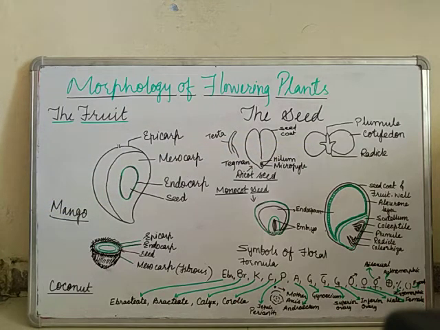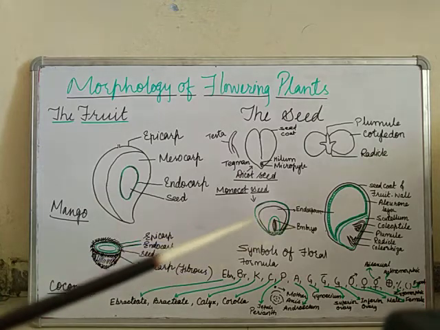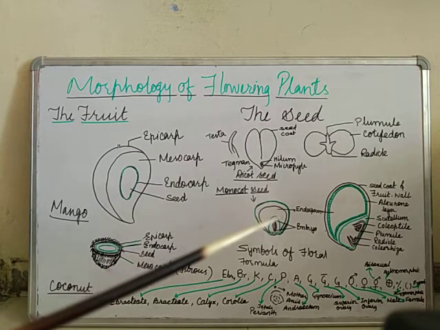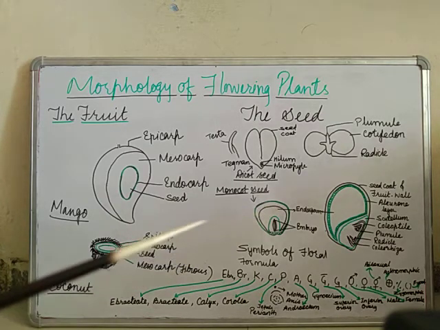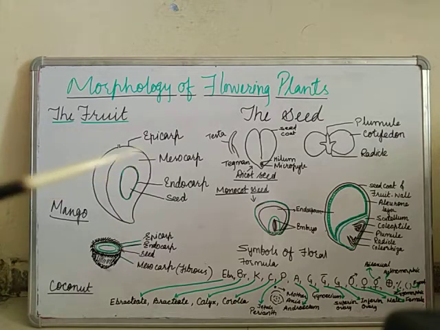Now if you move to the monocot seed, in monocots there is a remainder of the endosperm. Generally the endosperm is used up. In coconut also you find the endosperm.